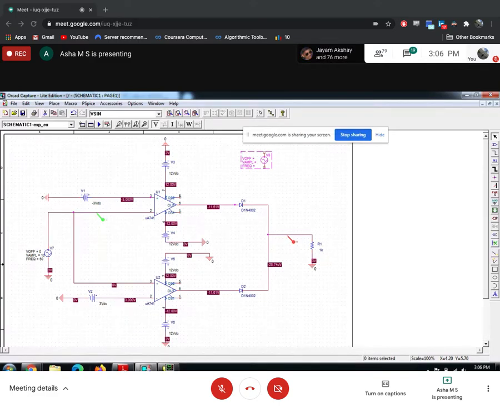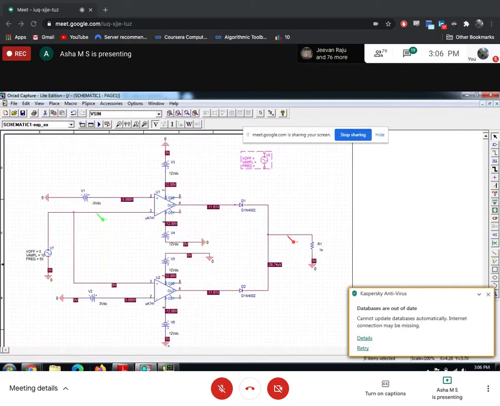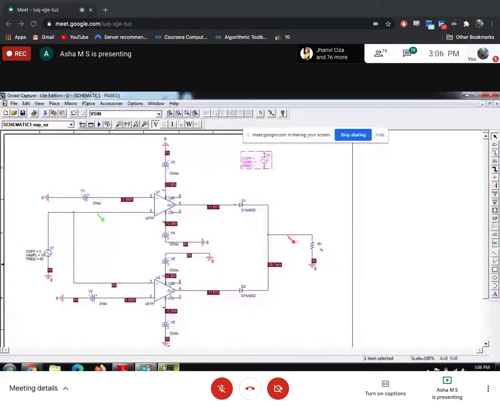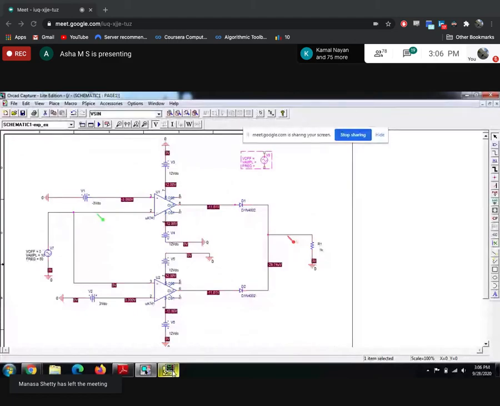481, number ending with 481, it's wrong. It means you are getting only the input waveform. Where is the output waveform? Missing value error: check the component and check the wiring.